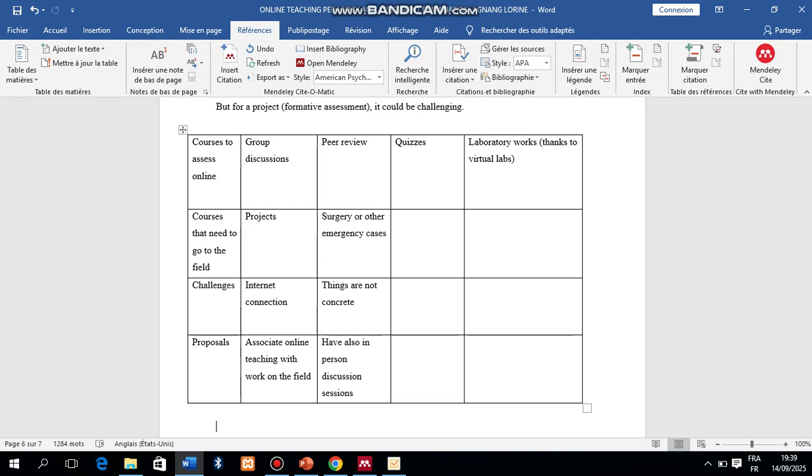This cannot be accessed online. If they had to, maybe they would have to bring a sample of a human being online, which is not really possible. So the challenge is access online. They said internet connection and things are not really concrete.